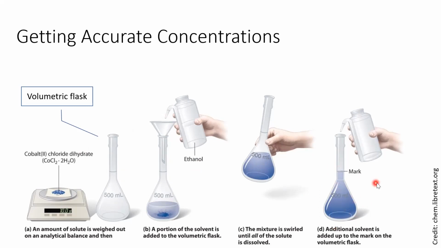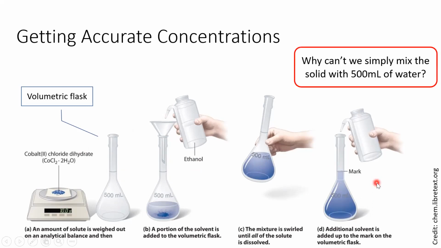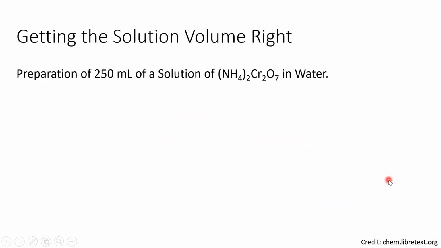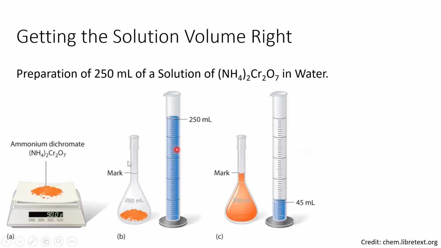Now, here's kind of the misconception, okay? If we were to look at this as an example, it's a different solution, but it doesn't really matter. So we've got our balance, okay? We massed out 90 grams of, this is ammonium dichromate, not that it necessarily matters, but we put it into our volumetric flask.